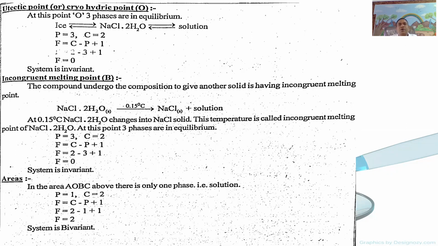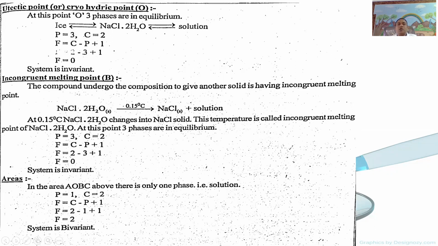The number of degrees of freedom required based on the reduced phase rule is P plus F equal to C plus 1, or F equal to C minus P plus 1. Here F equal to 2 minus 3 plus 1 equal to 0. It means it is an invariant system or zero variant system.